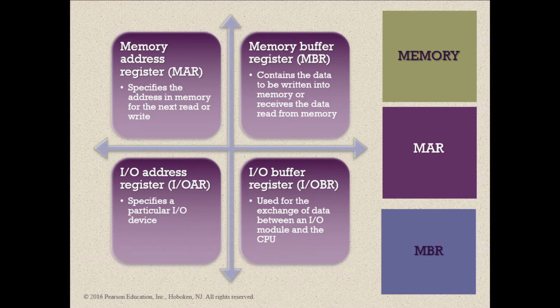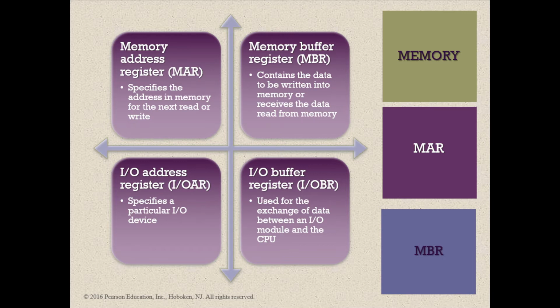Von Neumann pointed out that the same memory could be used to store both instructions and data. So the CPU exchanges data with memory. For this purpose, it typically makes use of two registers internal to the CPU: the memory address register, or the MAR, which specifies the address in memory for the next read or write, and a memory buffer register, or the MBR, which contains the data to be written into memory or receives the data read from memory.